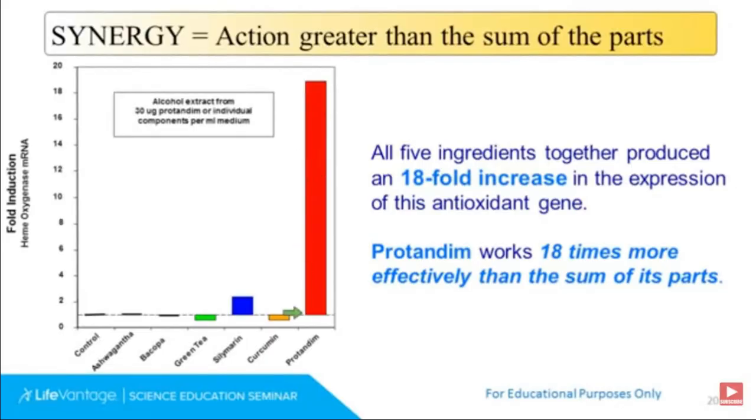So it's not 1 + 1 + 1 + 1 + 1 = 5. It's 1 + 1 + 1 + 1 + 1 = 18. So there's truly a synergistic effect. When I had a discussion with Dr. McCord about this, the developer of, or the one who helped put this together, I told him, I don't understand why there would be such a profound increase by adding these together.